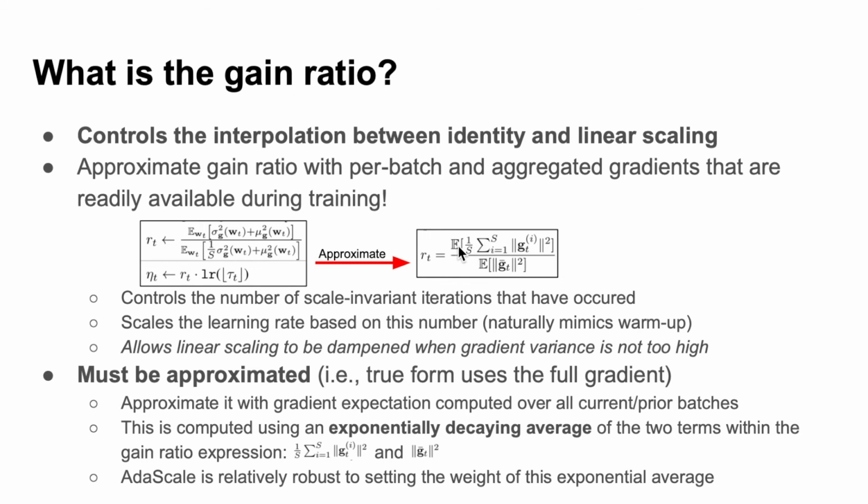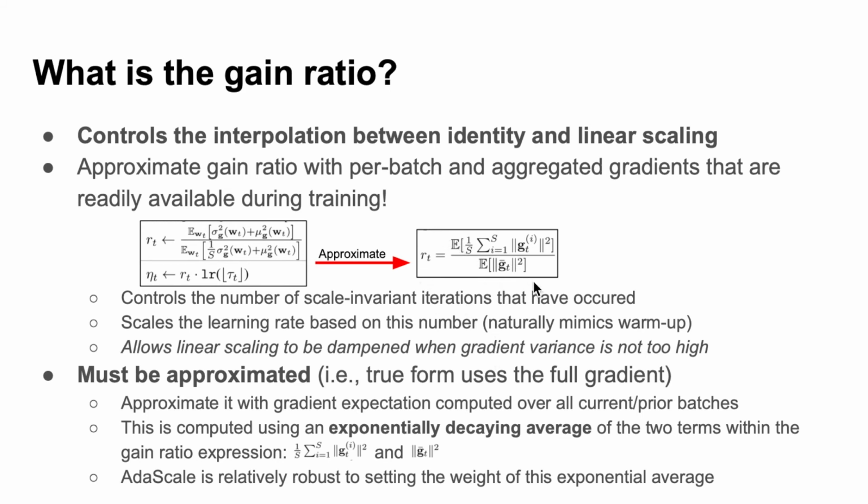So this top term right here is summing over the squared gradient of each mini batch and taking the average of all these squared gradients. And then we take an expectation over that. And then it's dividing by the squared 2 norm of the average gradient over the entire large mini batch. And then you also take an expectation.